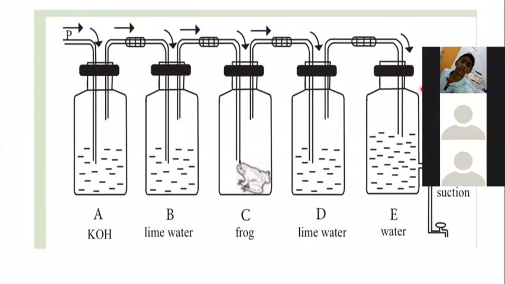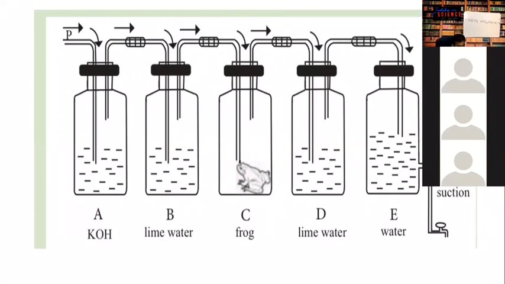Answer: absorption of carbon dioxide. Yes, absorption of carbon dioxide. So you can write down that carbon dioxide entered through the P dissolves in potassium hydroxide, dissolving or absorption of carbon dioxide in vessel A, right? You can complete the blanks.